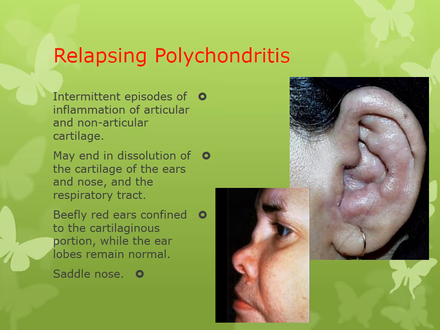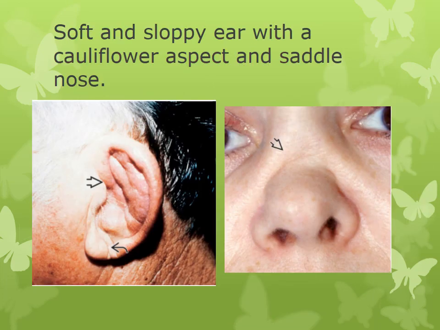In the ears, usually the skin is beefy red and tender, and it is confined to the cartilaginous portion, while the lobule, the remaining non-cartilage portion, is normal. The patient also presents with a saddle nose. Later on, the ear becomes soft and floppy with a cauliflower appearance. This is another figure of saddle nose.